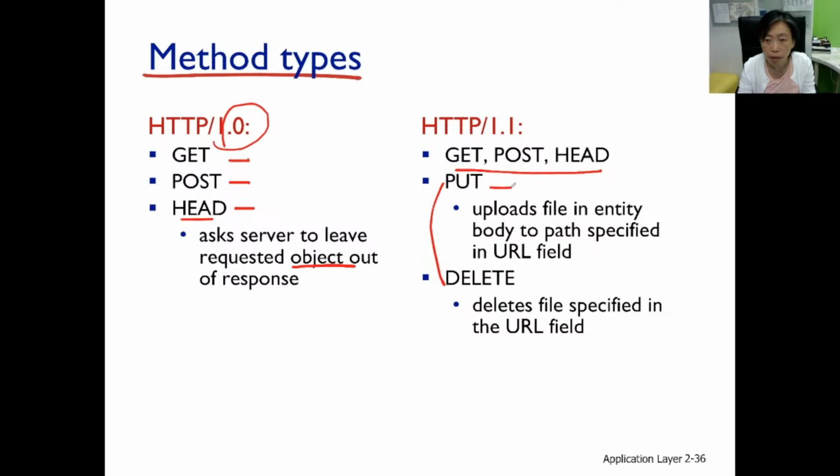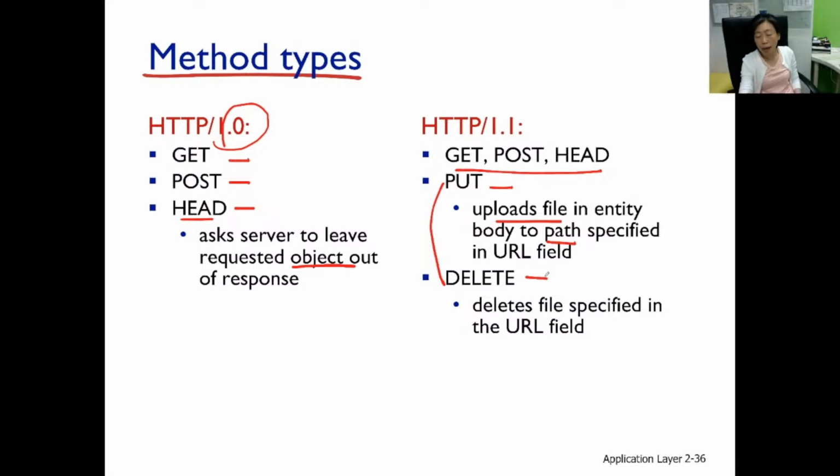And PUT here is actually quite straightforward, just to upload a file in the entity body of the HTTP request to the server. In that request, we also specify which path on the server we want to upload this file to. So it's working pretty much like FTP. If you recall FileZilla, you are dragging a file to the server, right? So it's uploading a file to a specific path on the server side. So PUT here implements file upload. DELETE is deleting a file.